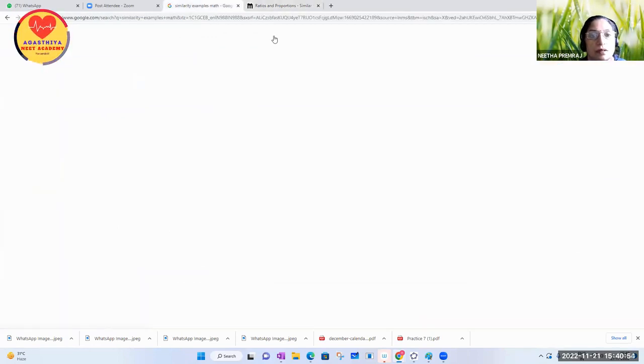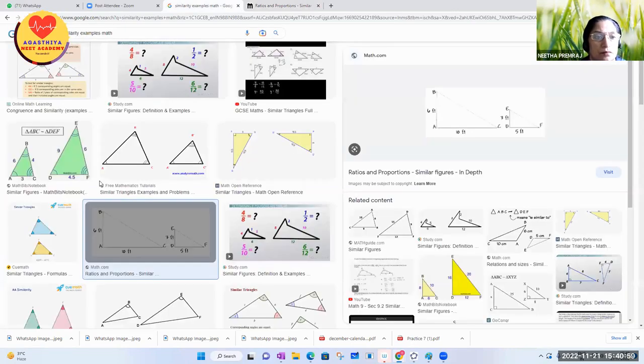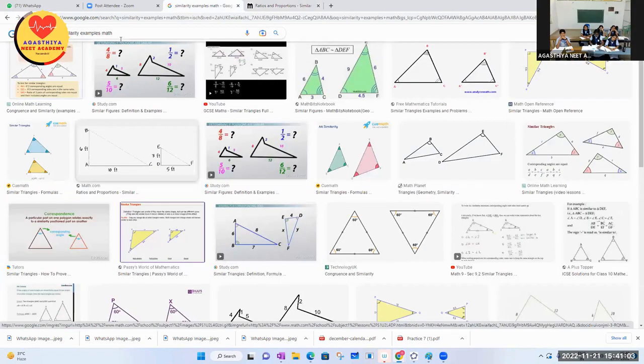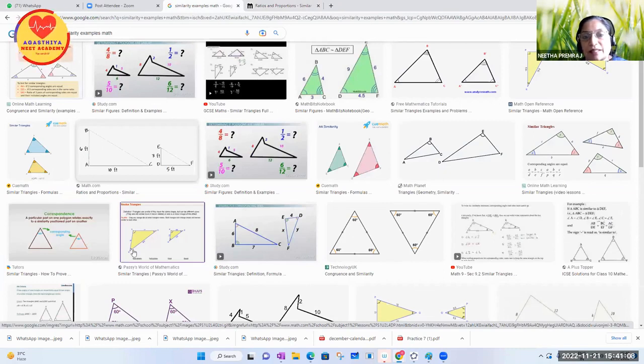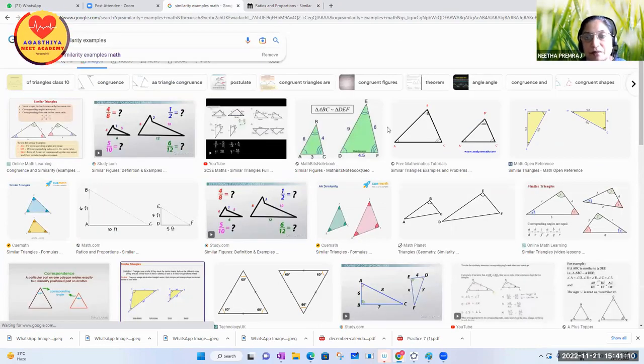Similarity examples in real life. I think you will understand better.